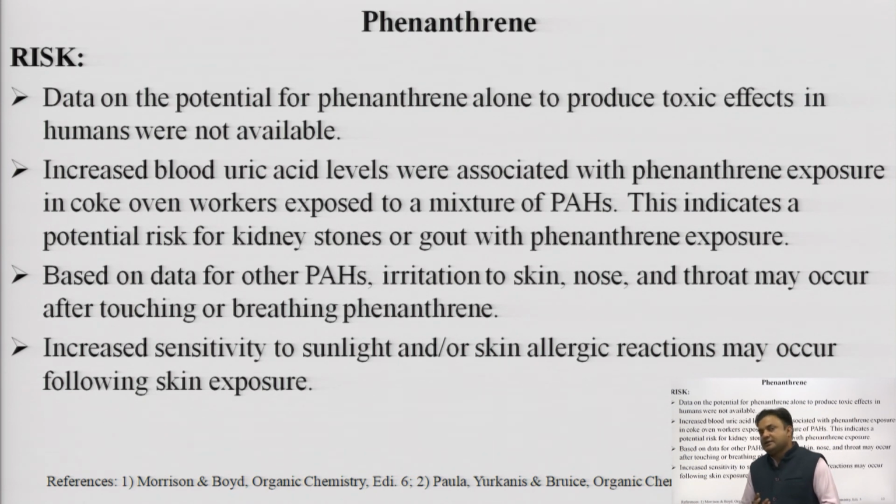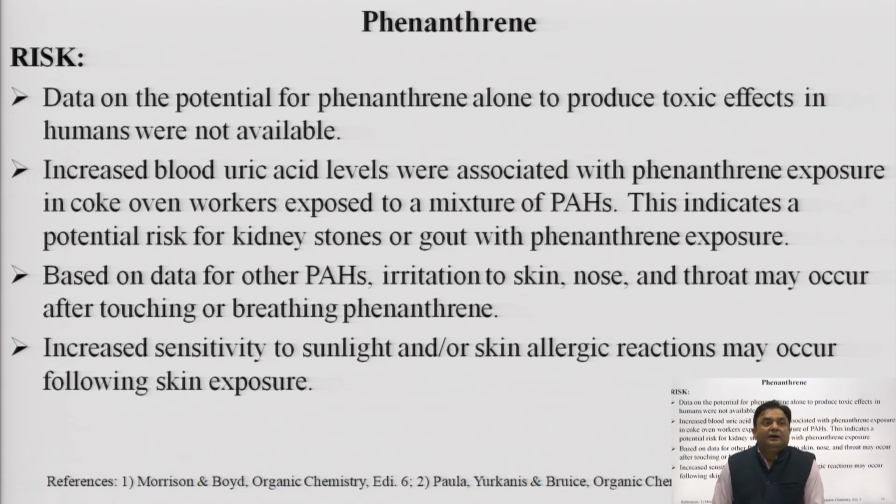Still, there is a certain risk with phenanthrene. Data on the potential of phenanthrene to produce toxic effects in human workers are not available till now. It doesn't mean that we don't need precautions. Data is not available, but certainly it is very toxic. It is carcinogenic and can produce cancer in animals. Increased blood uric acid levels can also be associated with phenanthrene exposure in coke workers exposed to the maximum polynuclear aromatic hydrocarbons.